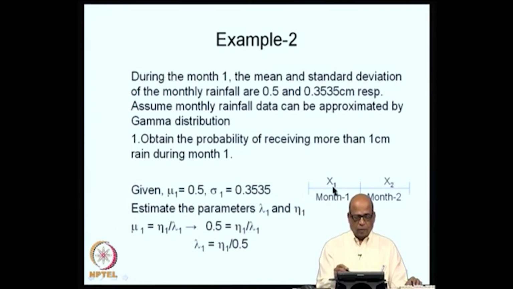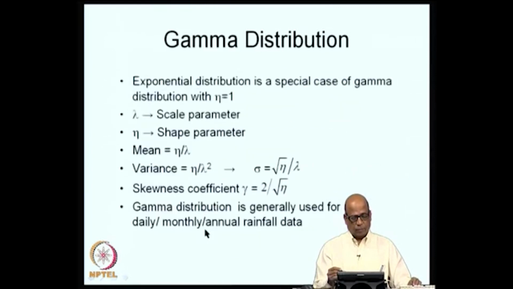Now, we are interested first in getting the probability that the rainfall during month 1 is greater than 1 centimeter, where mu 1 is 0.5 centimeter and sigma is 0.3535 centimeters. So, first we estimate the parameters. So, mu 1 is equal to eta 1 by lambda 1. Recall that the gamma distribution has the properties that the mean is eta by lambda and the variance is eta by lambda square.